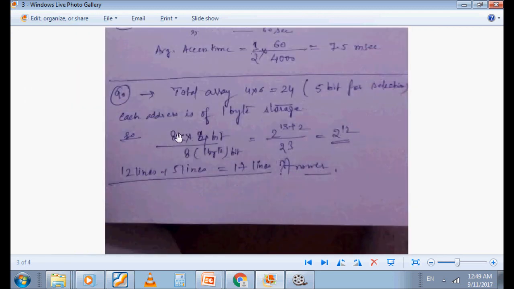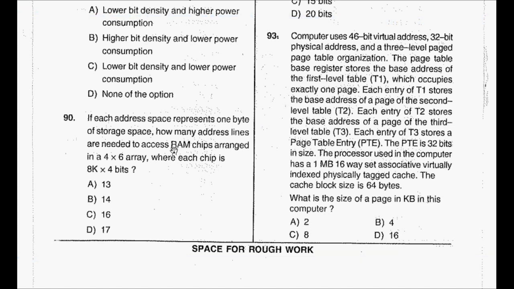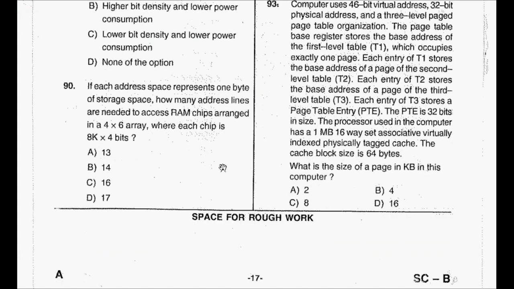So 8K is 2 to the power 13, 4 is 2 to the power 2, so 2 to the power 13 plus 2 is 2 to the power 15. This address is 1 byte, so 8 bits, 2 to the power 3, divided, it becomes 2 to the power 12. So this 12 is the number of address lines needed for this arrangement, and that extra 5 lines are needed for accessing that 4x6 array individually. So total 17 lines.